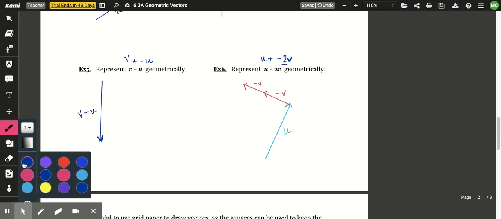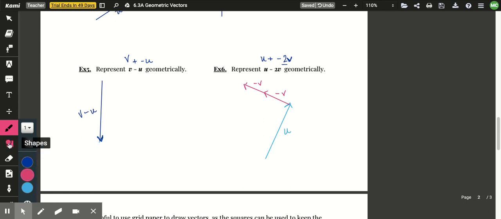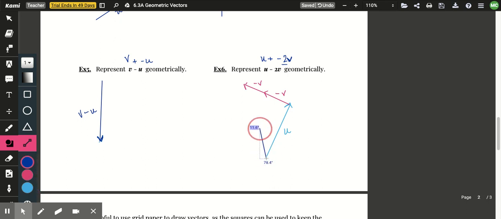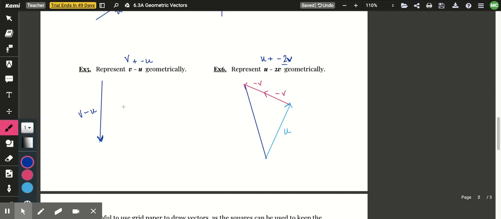And then geometrically, I can find the resultant vector by connecting the tail of where I started to the head of the final vector in that series there. And so that would give me, this vector over here is U minus 2V.